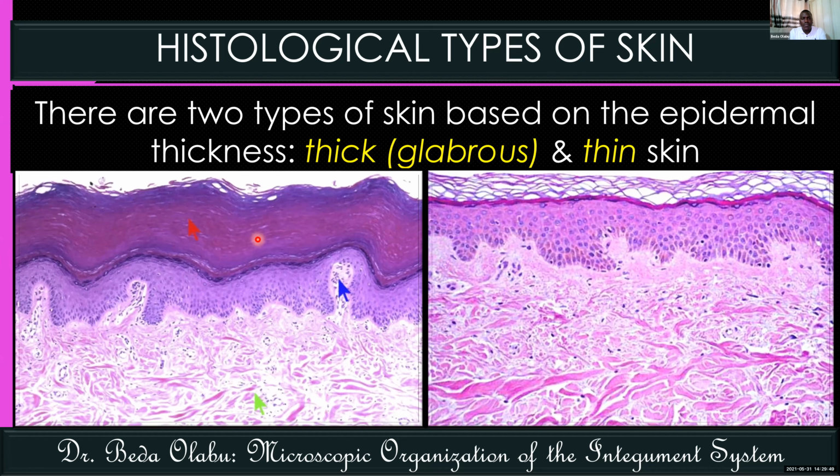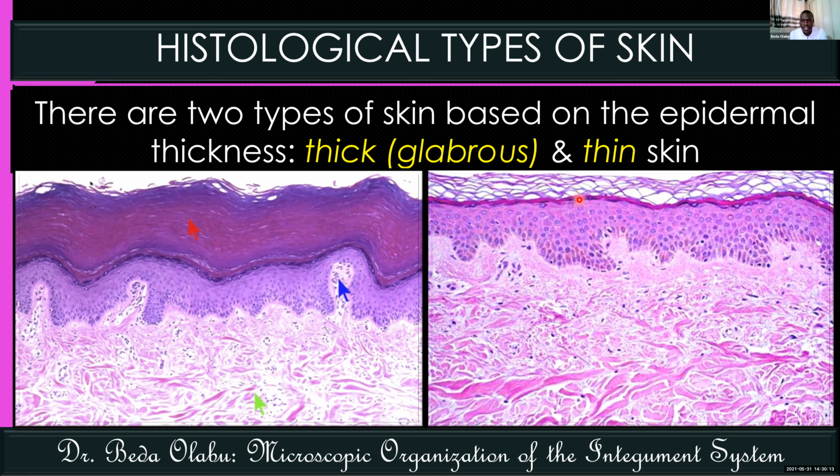This type of skin usually lacks hair. It has a very thick keratin layer and does not have hair. It is the type of skin that you find in the palm of the hand and the sole of the foot.